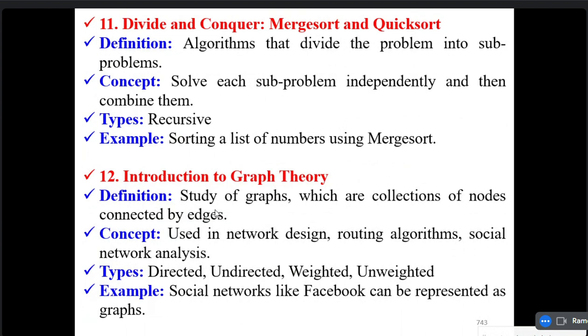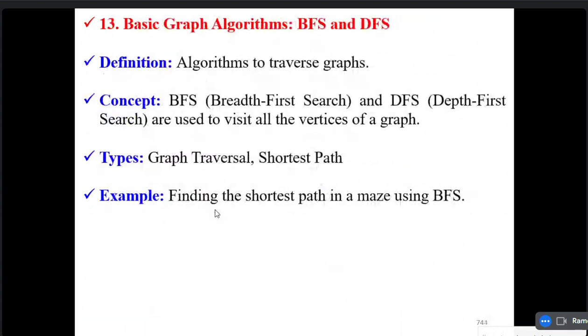Used in network design, routing algorithms, social network analysis, etc. Types of graphs include directed graph, undirected graph, weighted graph, and unweighted graph. Social networks like Facebook are the best example of a graph application.